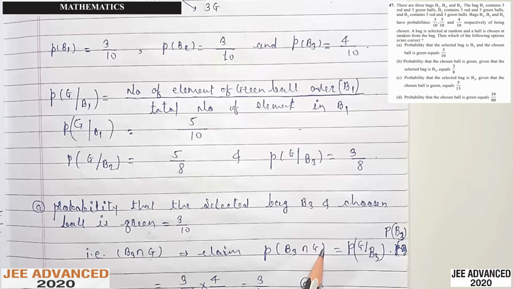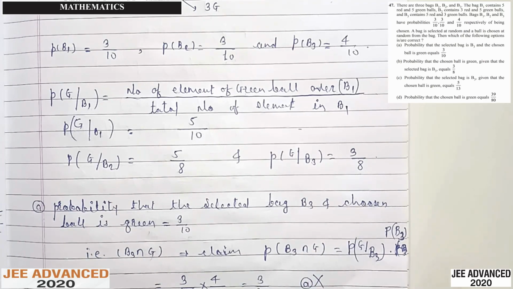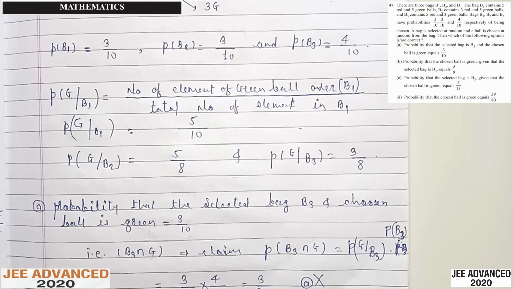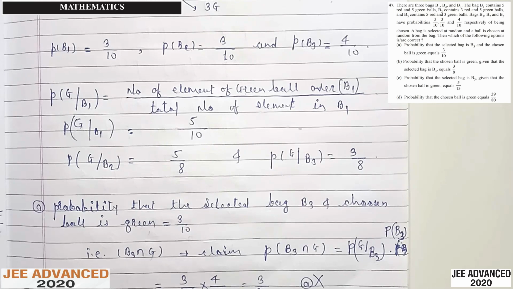The probability of A intersection B can be written as the probability of B over A into the probability of A. This is the standard result, remember it, or you may check your textbook.